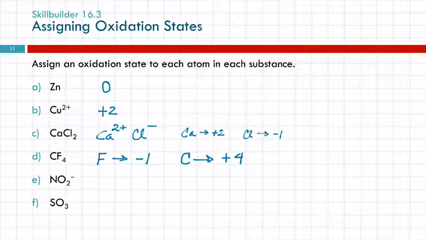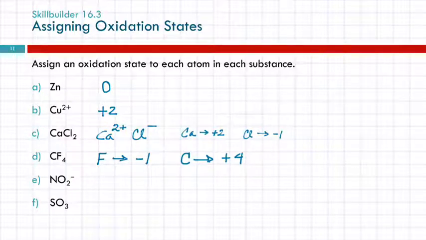Let's do another one, and maybe it'll get clearer. So this is nitrite ion. It has a charge. We can't say that the oxidation state is -1 because we've got two different elements in here, and they're not all -1. So we've got nonmetals together, so FUS 765. Fluorine, no. Hydrogen, no. Oxygen.